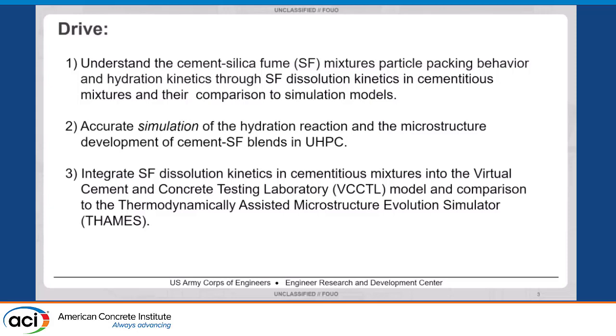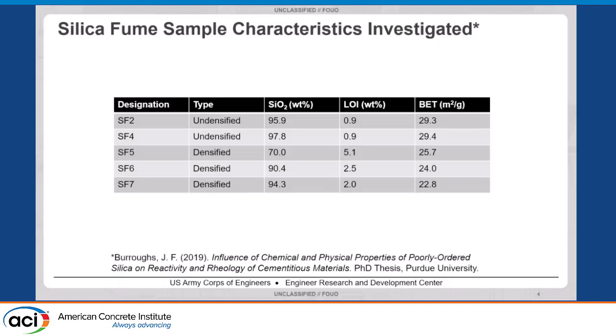Or can we put them into the Thermodynamically Assisted Microstructure Evolution Simulator, which is called THAMES? If we can figure out the particle packing of the silica fume, if we can make this experimental data useful in terms of figuring out the simulation data, this would be a great benefit to us. So that is why we are doing this research.